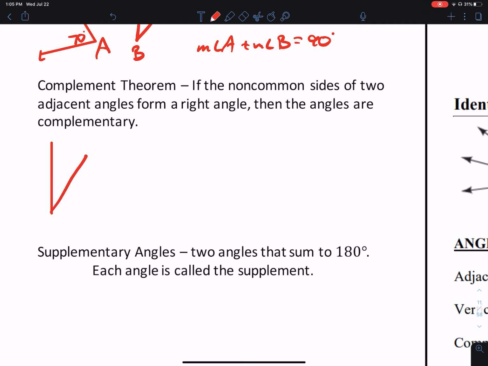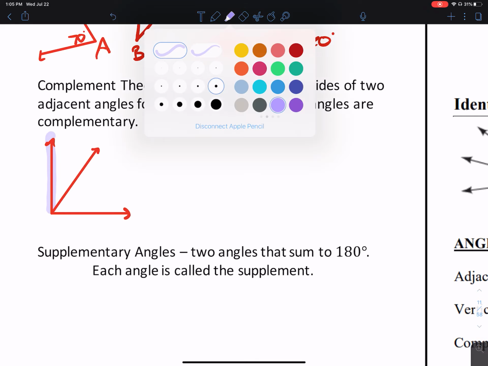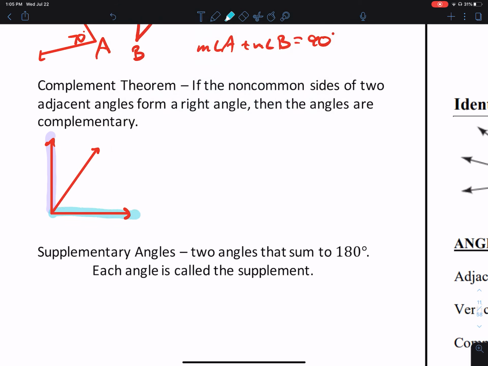So here's an angle. Here's another angle. So the non-common sides would be these ones that I'm highlighting. If they form a right angle, and that little box that I drew is a symbol for a right angle, call each of those angles 1 and 2.